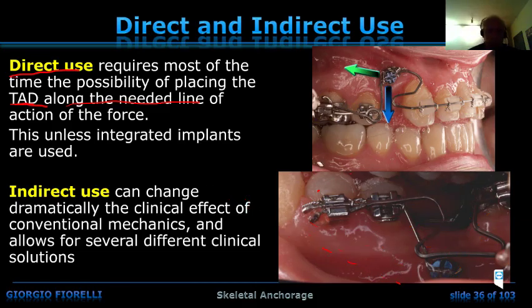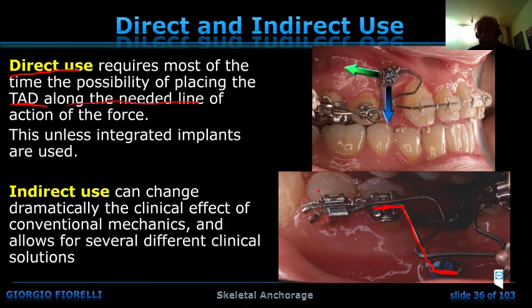The indirect use. I'm not sure, but probably it is the way I'm using TADs the most. Here you see it. There are many examples, but in this case I have a wire which is engaged in the head of the screw and engaged into the teeth.